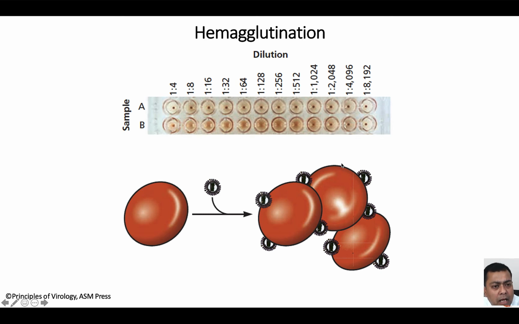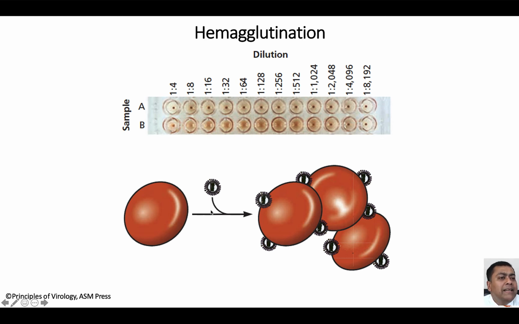Now, the hemagglutinin that you have on the virus binds to a surface receptor on the red blood cells, which is the N-acetylneuraminic acid, also known as sialic acid. So when they bind to this sialic acid, NANA, one hemagglutinin binds to one of them, then another hemagglutinin binds to another NANA on the other cell, and then another one to the other cell. That's how it clumps.